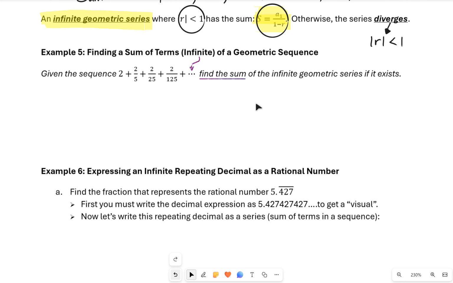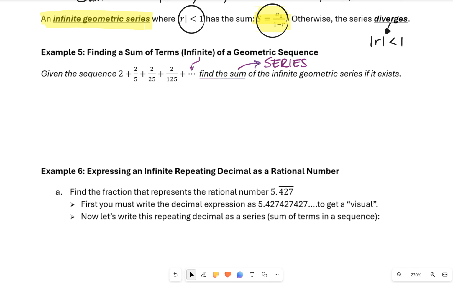Sum is a synonym for series, a sum of terms. Find the sum of the infinite geometric series if it exists.